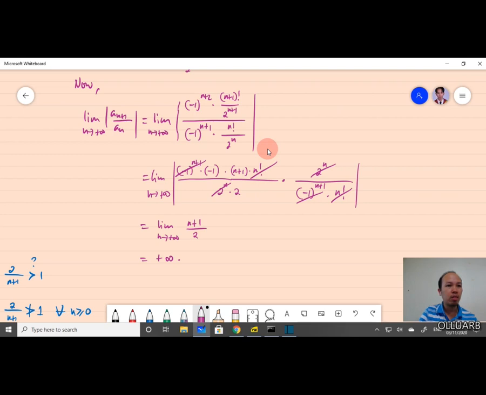If you look at the theorem of the ratio test, if the limit of the absolute value of a sub n plus 1 over a sub n as n approaches positive infinity is positive infinity, therefore by the ratio test the series, negative 1 to the n plus 1 times n factorial over 2 to the n, starting from 0 to positive infinity, is divergent.